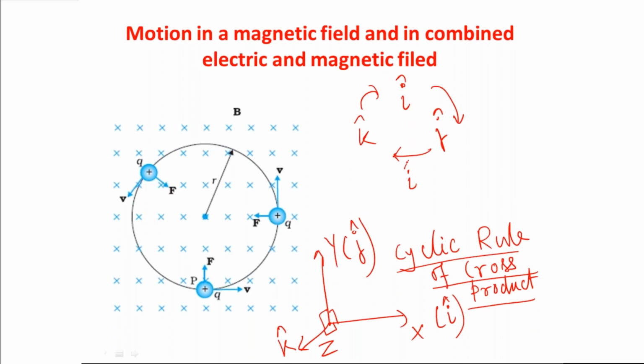So if I take the cross product of i and j, then according to the cyclic rule we should get k cap.